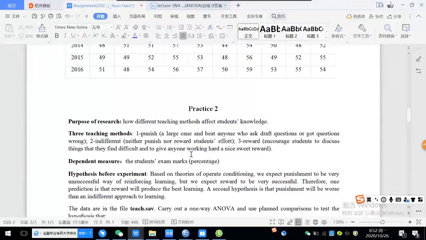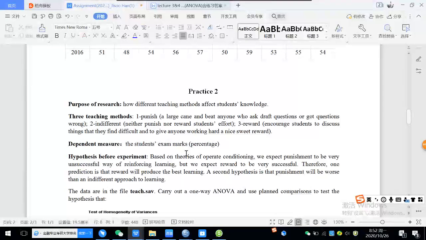So here, the teaching methods, data 1 means punish.